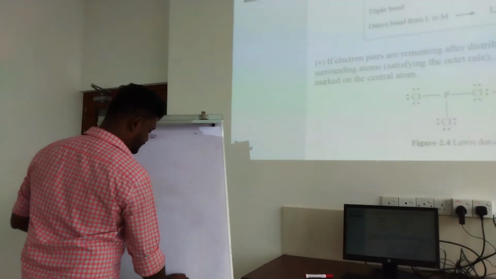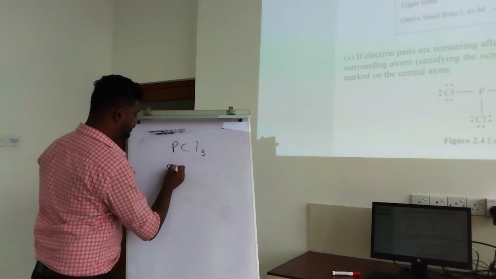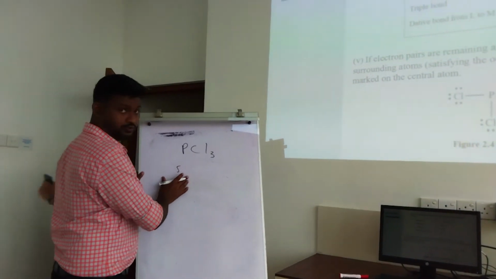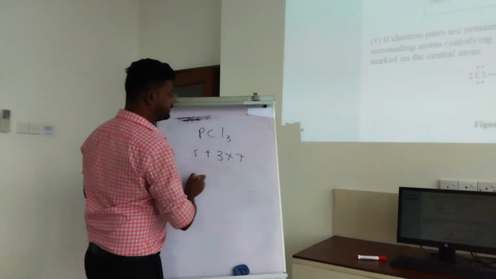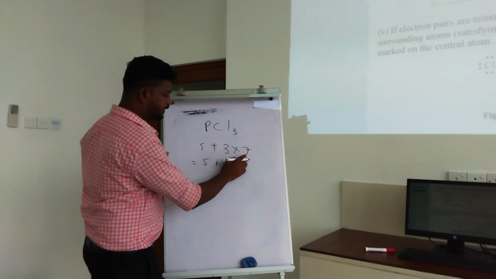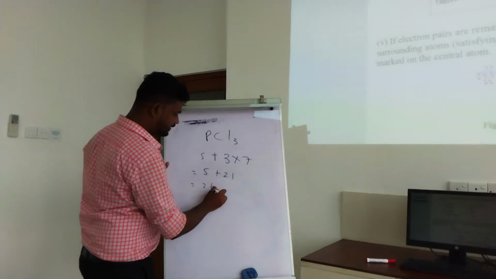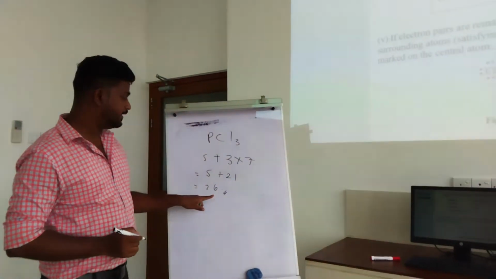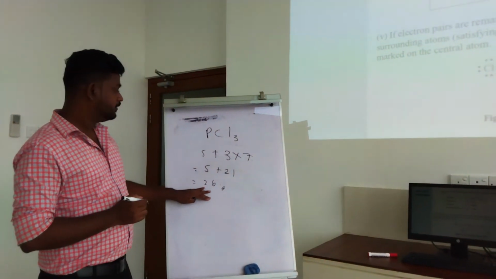If you see PCl3, there are 5 electrons in phosphorus, and 3 into 7 electrons in chlorine, right? So 5 plus 3 into 7, 21. So 26 in total. Okay, so there are 26 total valence electrons, right?